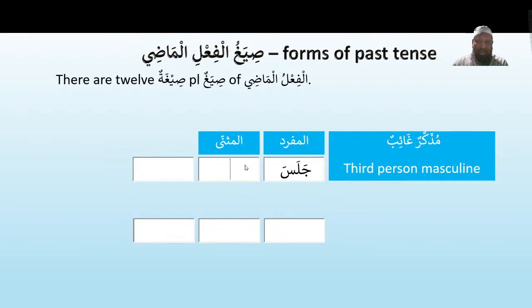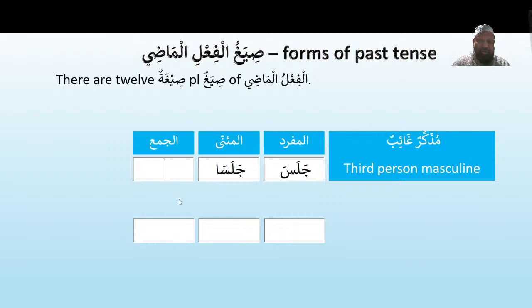So how do we make الفعل الماضي مثنى؟ جلس. Okay, this is the المفرد. We want to make it مثنى. Now here we need to add ألف الاثنين. When we add ألف الاثنين, it becomes جلسا. So this is the الضمير البارز. You can see it is visible.